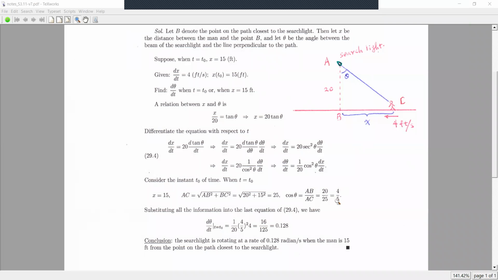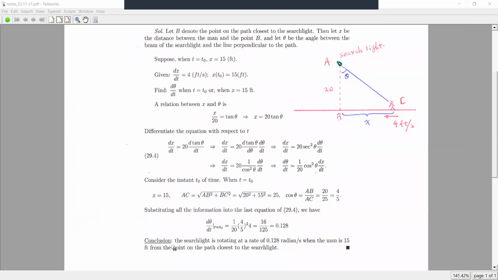Plug in 4 over 5 for the cosine of theta here, and plug in 4 for dx/dt here. Then the derivative of theta at the time t0 is this number. This number is 0.128.